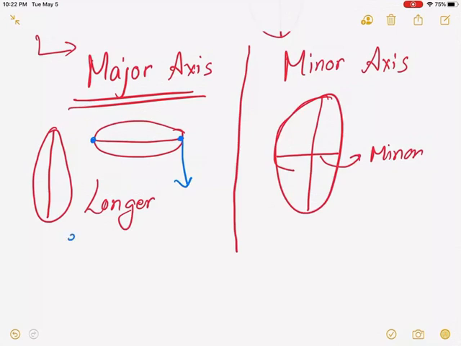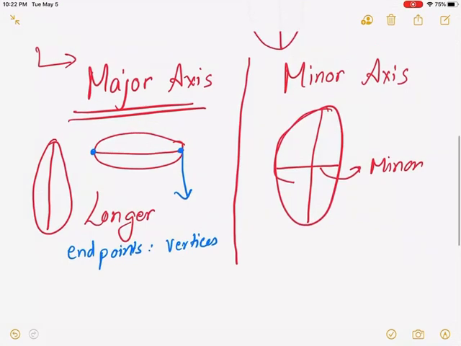So these endpoints of the major axis are called vertices. When it comes to the minor axis, the endpoints of the minor axis are called co-vertices.